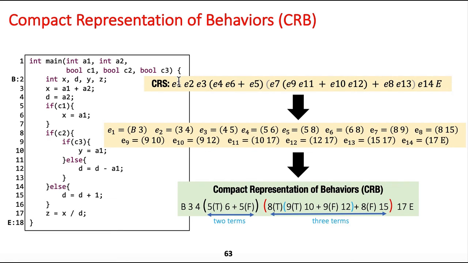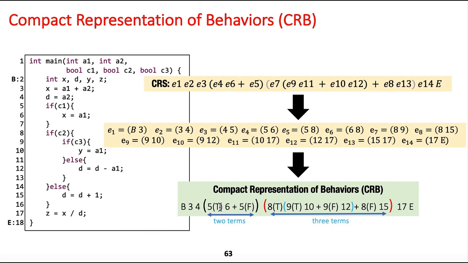So for example, E1 is the pair B3, it gets mapped to B. E2 is the pair 3, 4, it gets mapped to 3, and so on. When there are two successor elements corresponding to the same program statement, for example, E4, 5, 6 and E5, 5, 8, one of them corresponds to the value true.